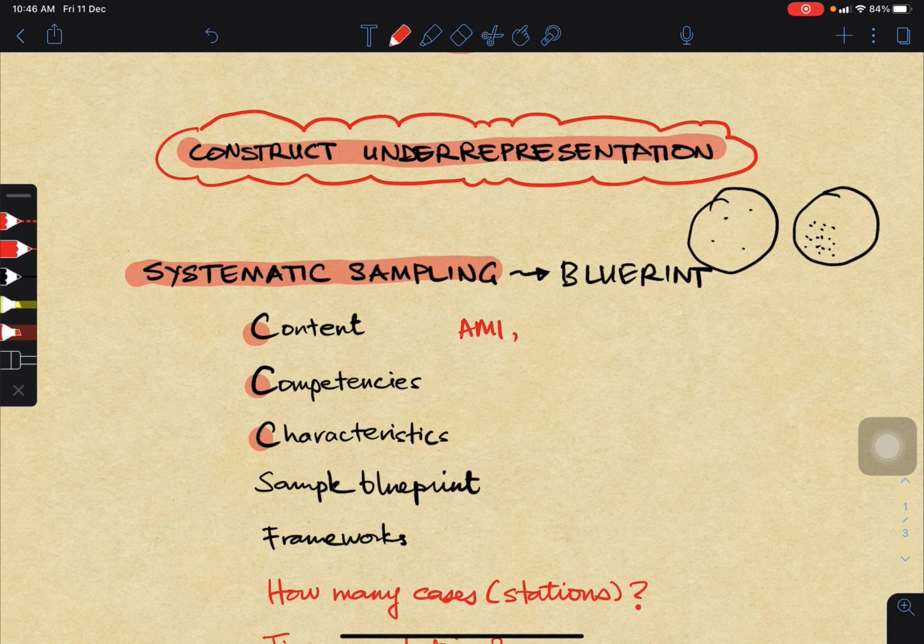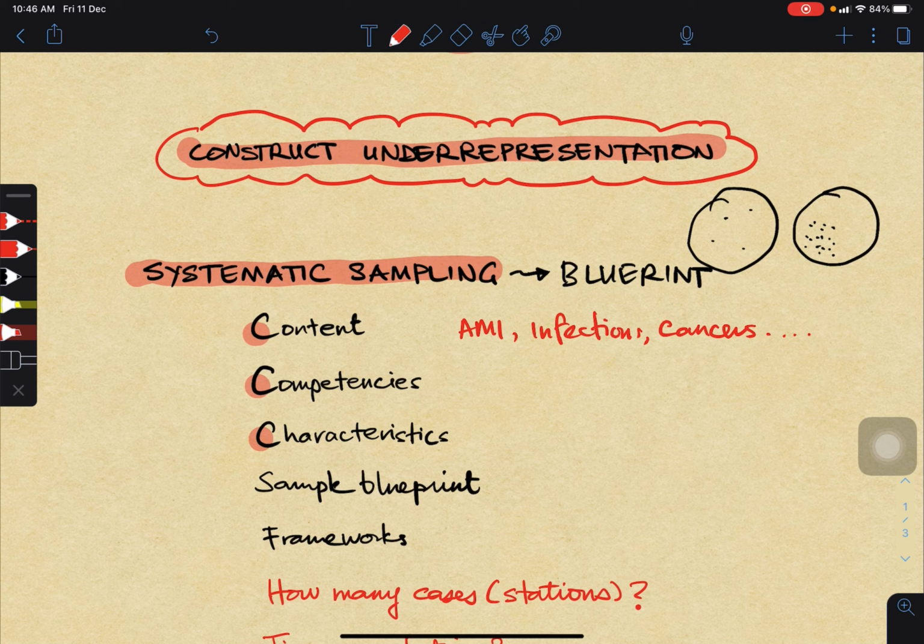Let's say this is for an internal medicine posting, or you are the course coordinator for internal medicine posting. So in terms of content, you would like to cover the areas such as acute myocardial infarction, infections, cancers or neoplasms, and the list goes on. So this would be based on your outcomes.